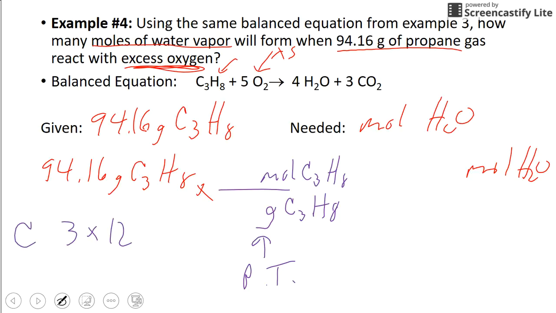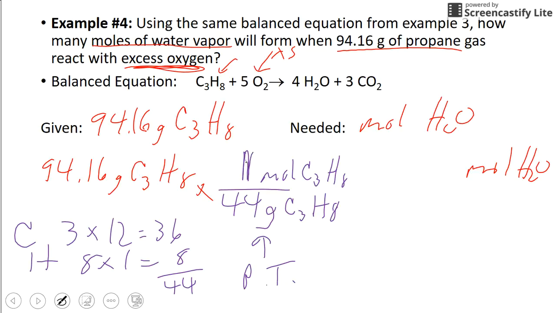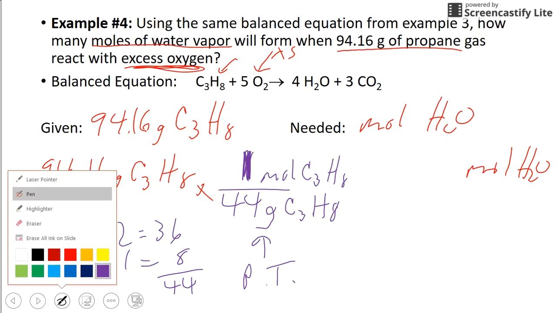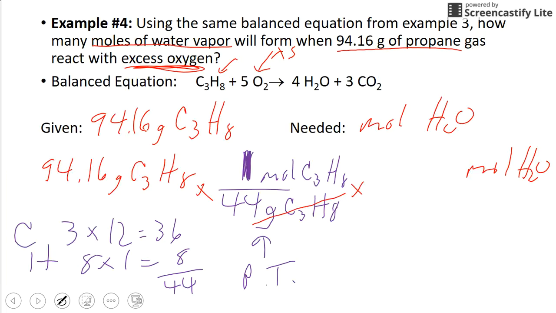Each one weighs 12. That gives us 36. And we look at hydrogen, there are 8 hydrogens. Each one weighs 1, so that's 8. Add those up, we get 44. So there's 44 grams of C3H8. And since it's from the periodic table, that's in 1 mole of C3H8.